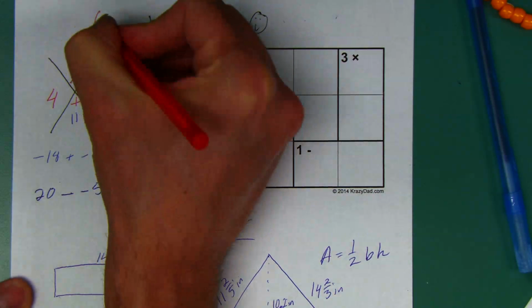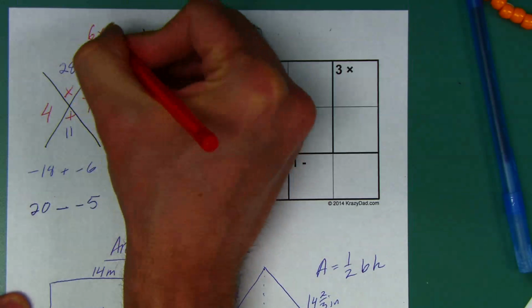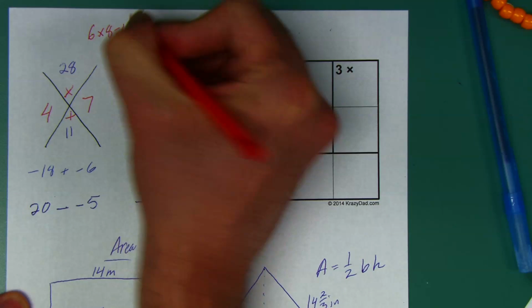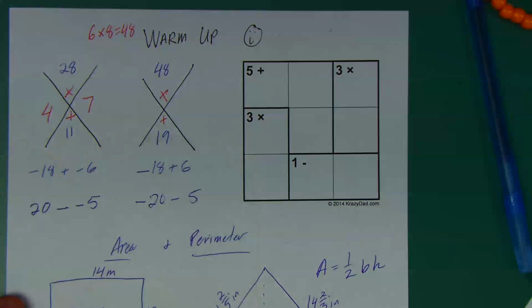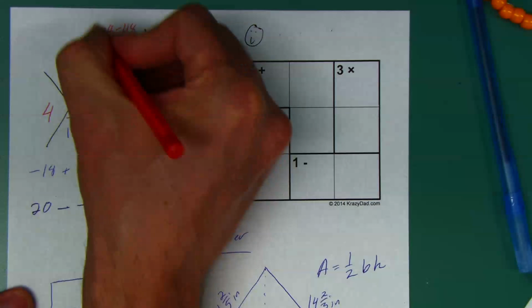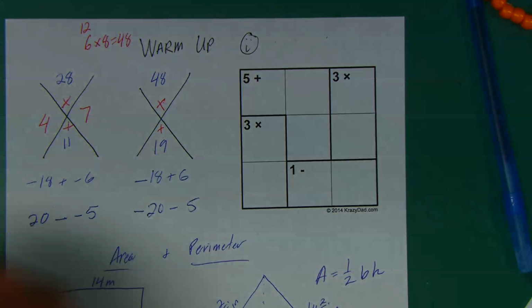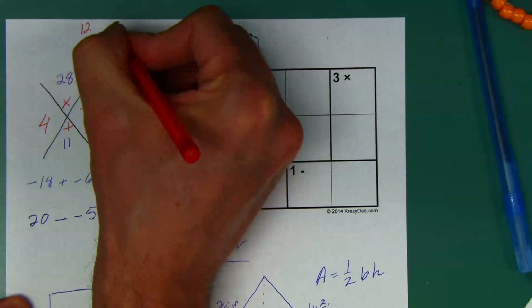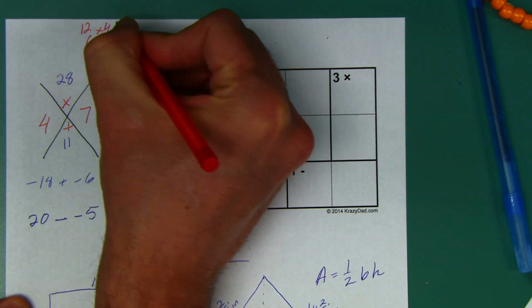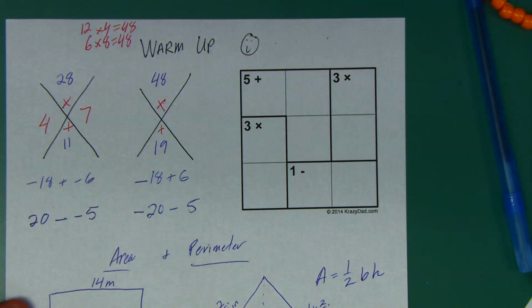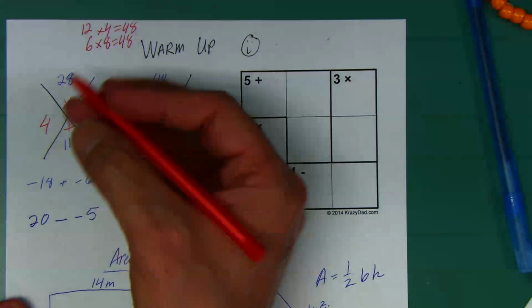Well, I think you've heard me tell you before that when you have products, you can take the factors, and if you double one number, like I double the 6, and take half of the other, take half of 8, you will get the same product. And that works both ways.